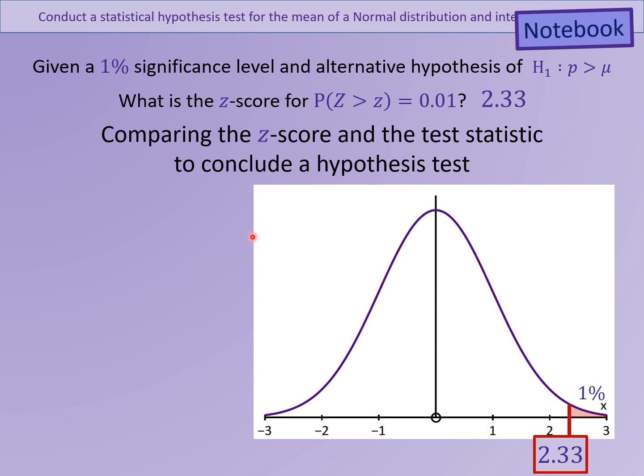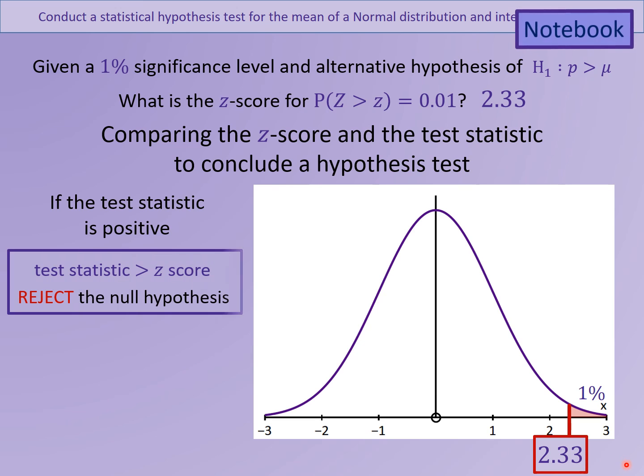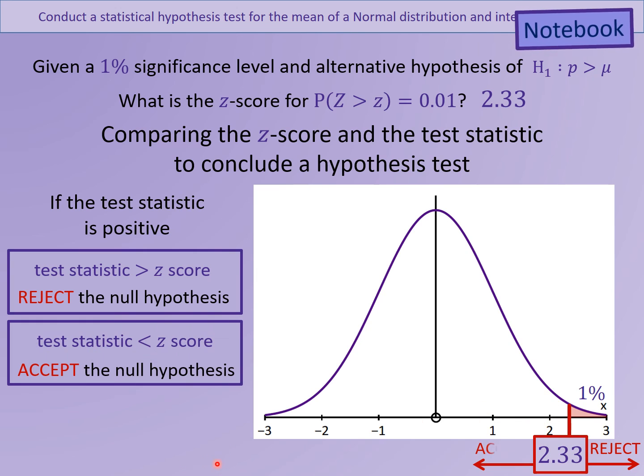Well, because it's positive, if you get bigger than 2.33, then you fall into the critical region and therefore you'd reject the claim. If on the other hand it didn't quite meet it, maybe it only got to 2 or 1, then you'd accept the claim. It's not enough evidence to suggest it's incorrect because it didn't pass that finish line.